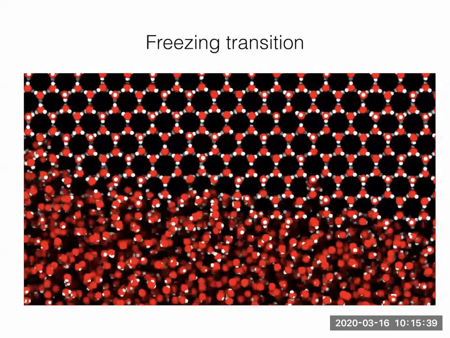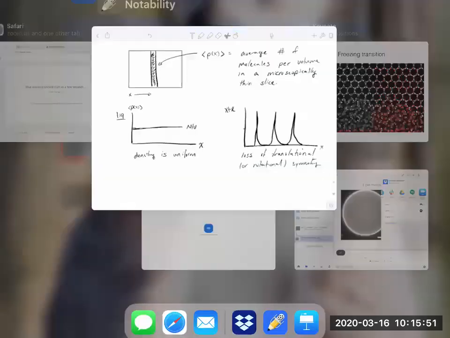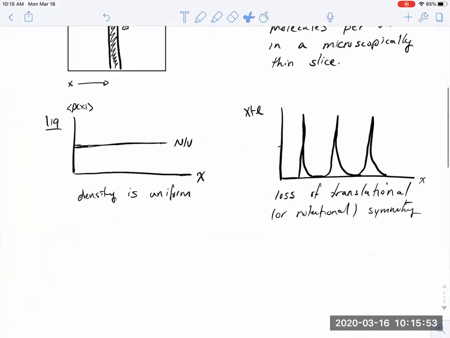And so there's a symmetry associated with uniformity, being equally likely to be anywhere in space, and that symmetry is lost as the liquid transforms into the crystal. So we would say that translational symmetry is an order parameter for a liquid-crystal transition.